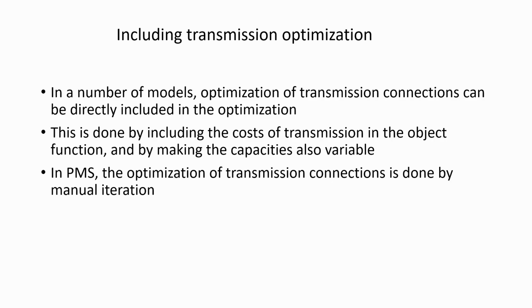This is done by including the cost of transmission in the objective function and making the capacity also a variable. In the power market simulator, this is not possible. So if you want to optimize also the transmission connections, this is done by manual iteration. And I will show you how this is done in practice.